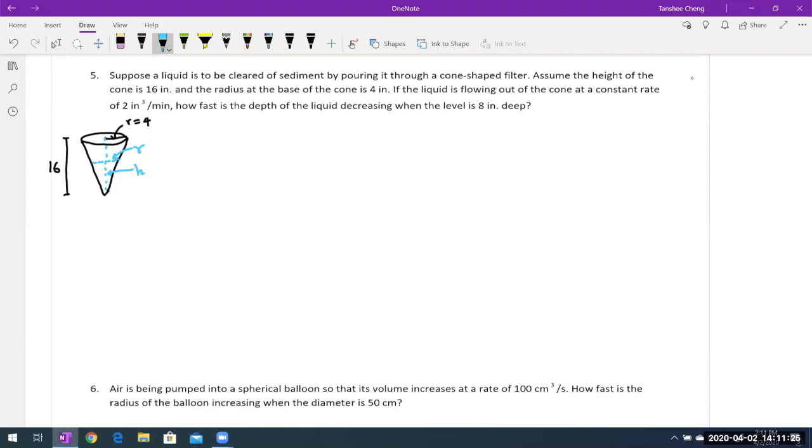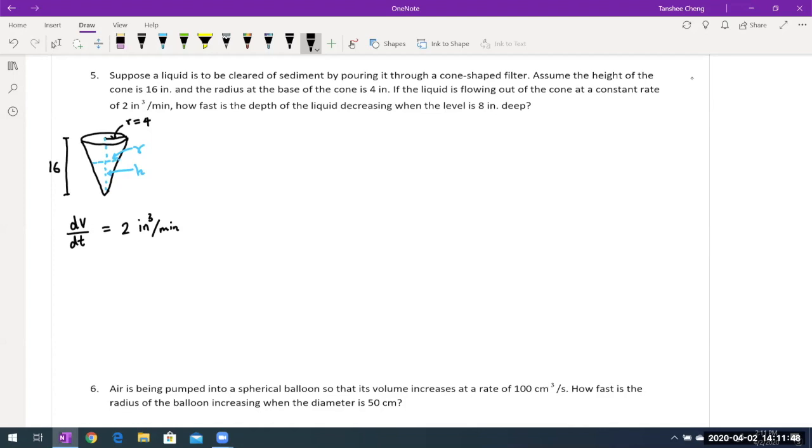So now what we have is this information. We know that the rate of change in the volume, because it's given in inches cubed, is a constant. So at any time, this never changes, right?